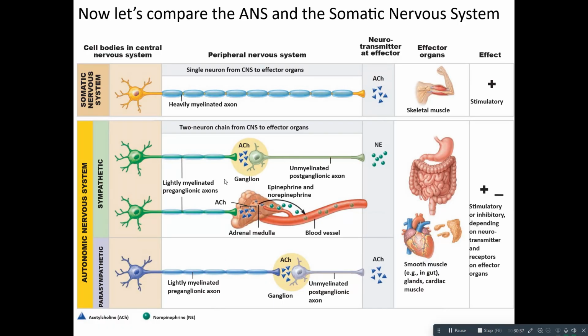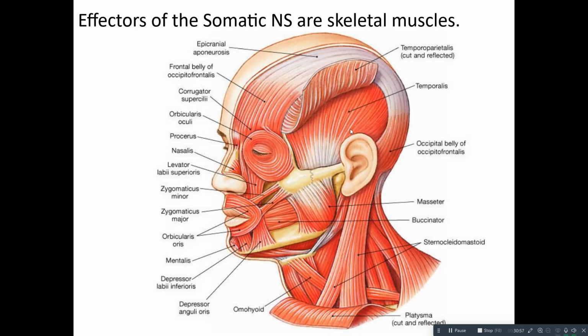Autonomic is always a 2-neuron pathway, with the first neuron being myelinated and the second neuron being unmyelinated. Somatic is always a single neuron pathway, and that neuron is heavily myelinated. So really quick speed here, much slower speed of response down here. So effectors of the somatic nervous system, like we just said, are skeletal muscles, and the response is always contraction.